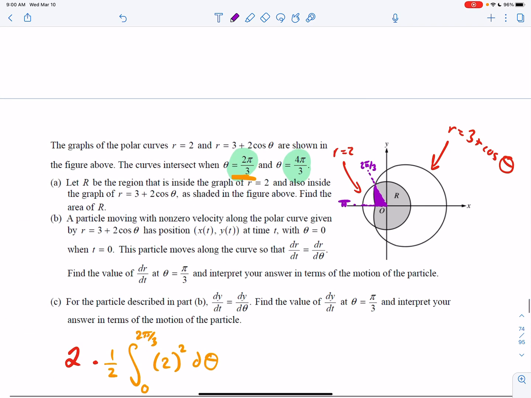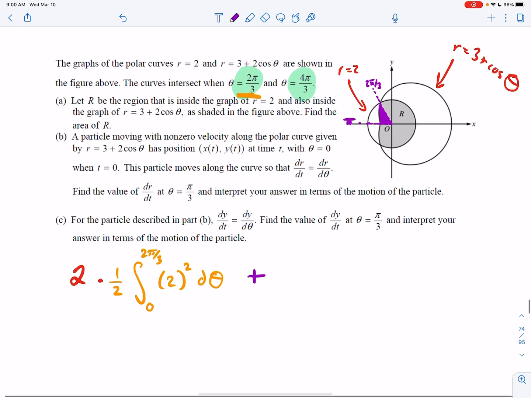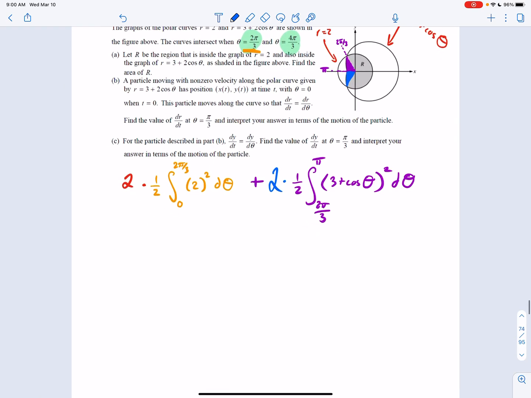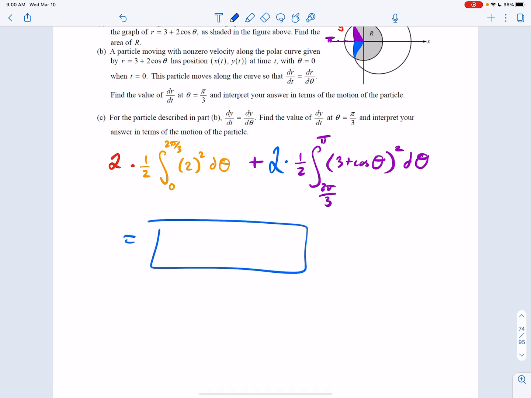I'm going to add 1/2 integral of r squared, which happens to be 3 plus 2 cosine theta squared d theta. I'm going from 2 pi over 3 to the far left, which is pi. That gives me the upper purple shape, but notice how this bottom blue shape is symmetrical to that. So I could actually double it by symmetry. And then this just becomes a quick plug and chug problem, which you guys can figure out there.